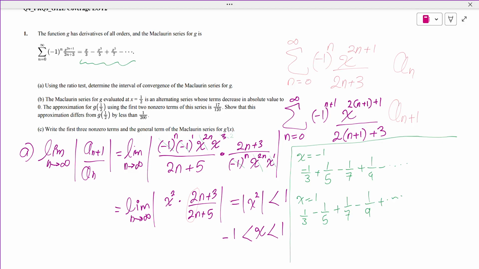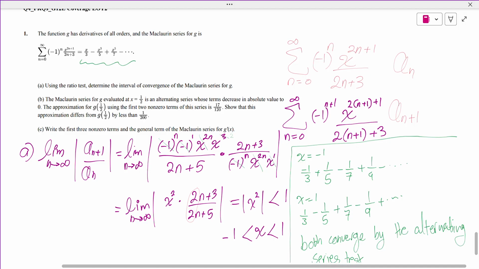So in this case, both converge by which test? By the alternating series test. So if both converge, that means we can just include them in the interval, right? So the interval goes from -1 to 1, both are included.